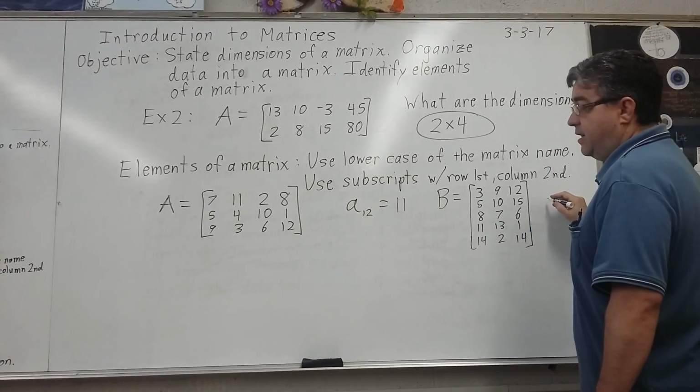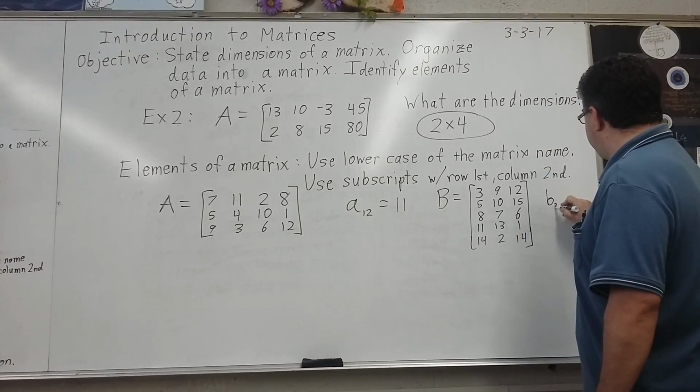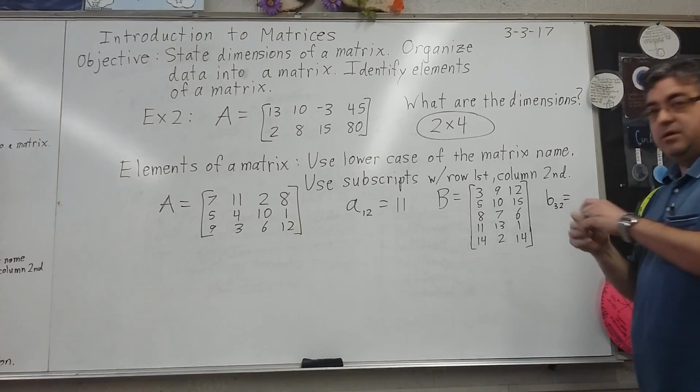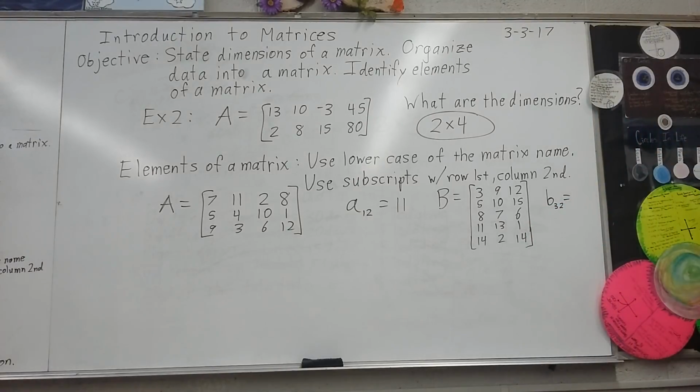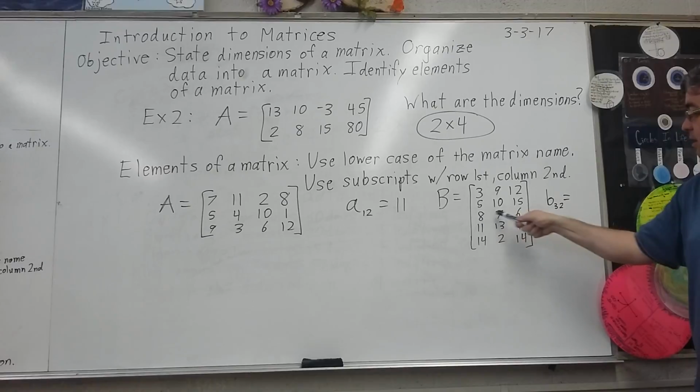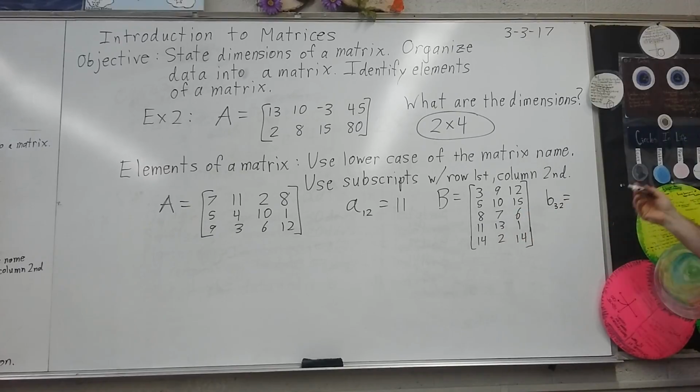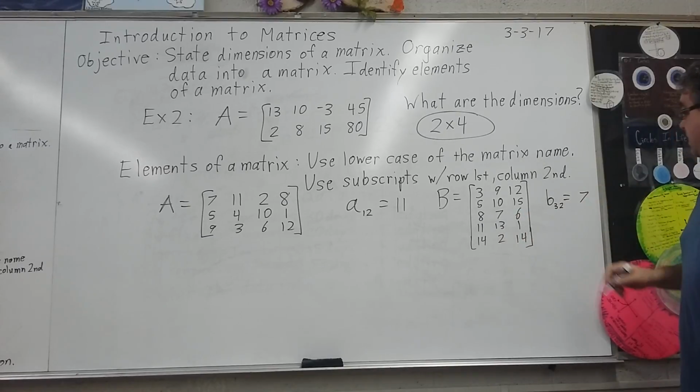And tell me then what element B32 is. 7. It is 7. 1, 2, 3, 2. Element B32 is 7.